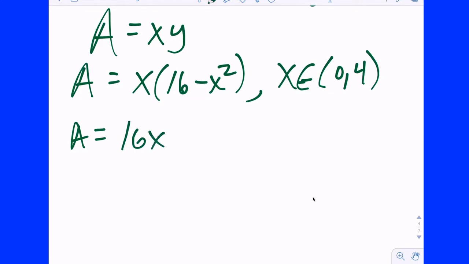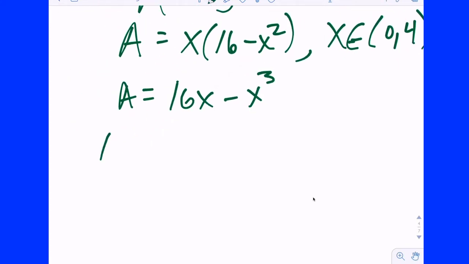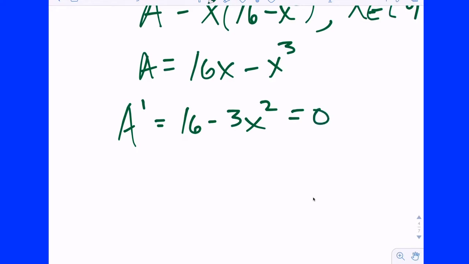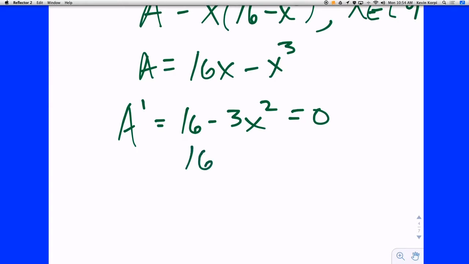So what I'll do is distribute, and I get a cubic. Now A prime would be 16 minus 3x squared. If I set it equal to 0, I'm not interested in the critical values where it's undefined. Not that this polynomial ever is. I get 16 equals 3x squared. X squared equals 16 thirds.